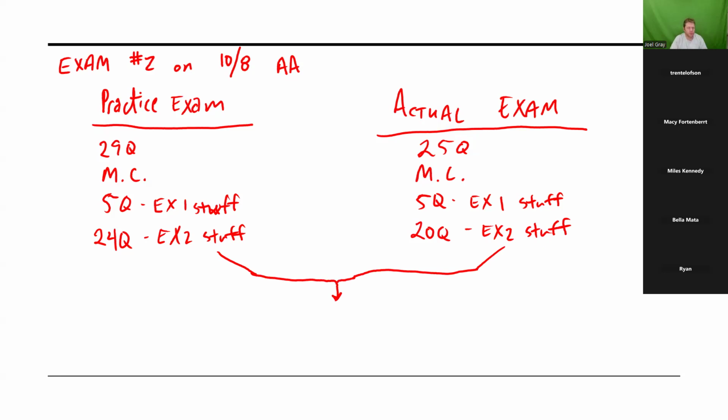Your exam 2 stuff consists of amino acid one-letter codes as well as three-letter codes, and being able to convert a three-letter code to a one-letter code, and a one-letter code to a three-letter code, and a full name to a one-letter code or a three-letter code.